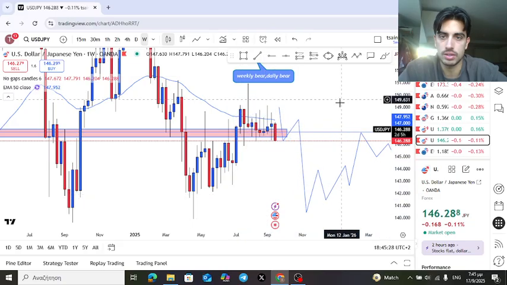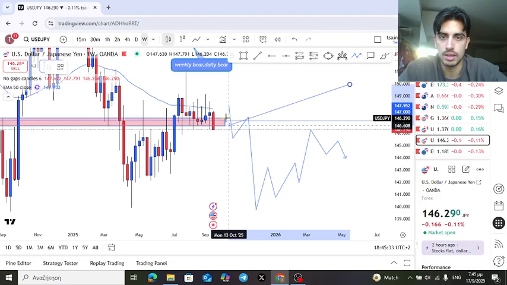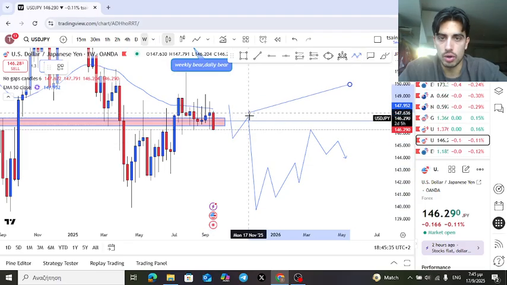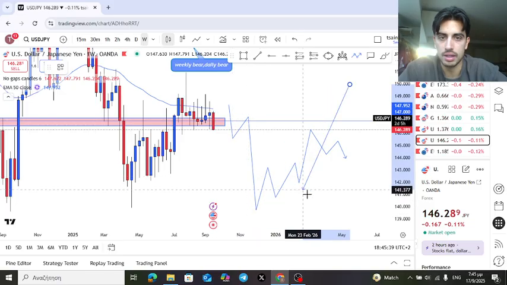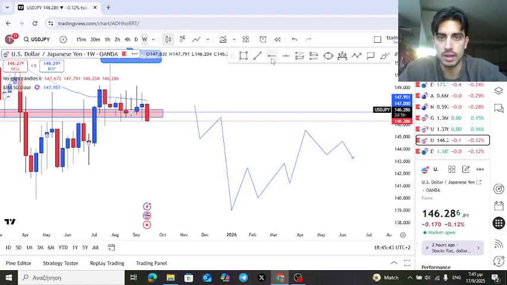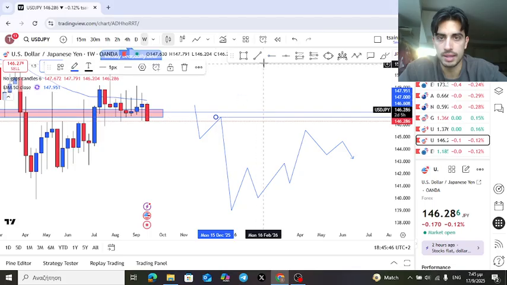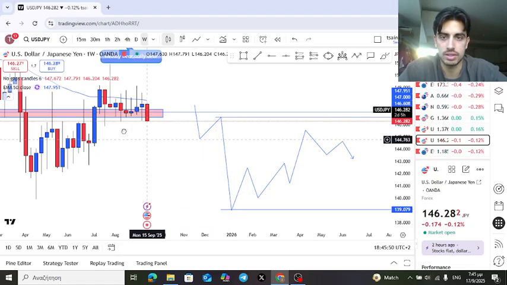As you can see, I just drag it and draw it quickly. As you can see, lower high, lower low, lower high, lower low, and then nothing here has broken above or below. If nothing closes above that or below that, nothing changes.